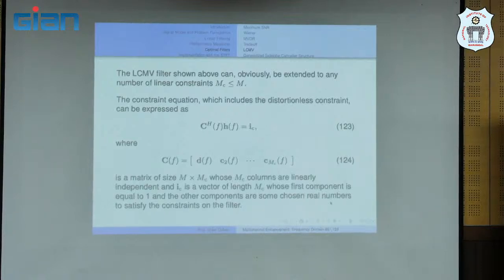So once we measure the correlation, the steering vectors of these interferences, we can add more constraints to put a 0. Or maybe not 0, we can put some suppression to this direction. So the more constraints that we add, the less noise that we can reduce, the less noise in terms of power.